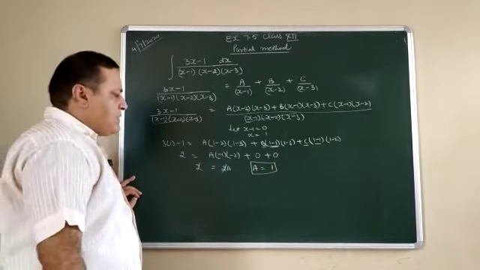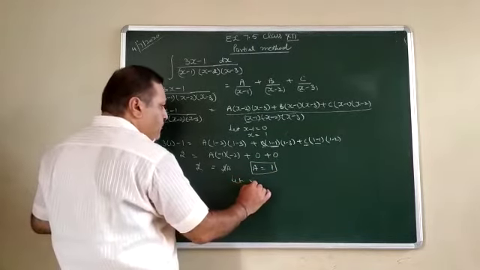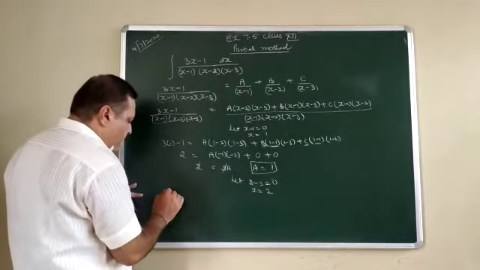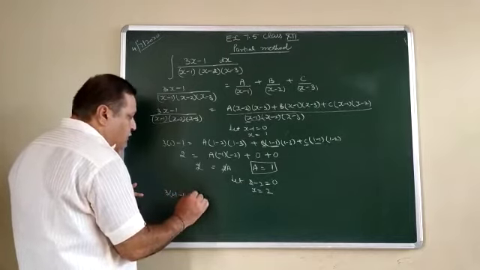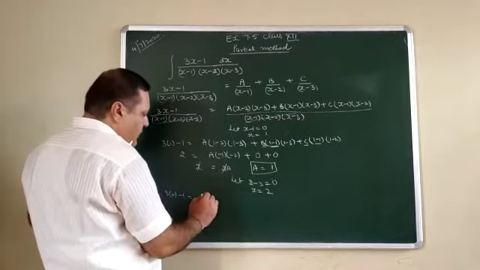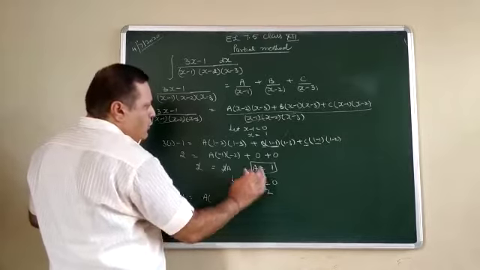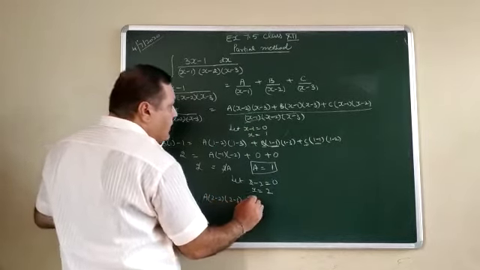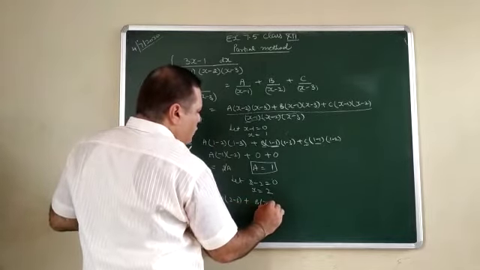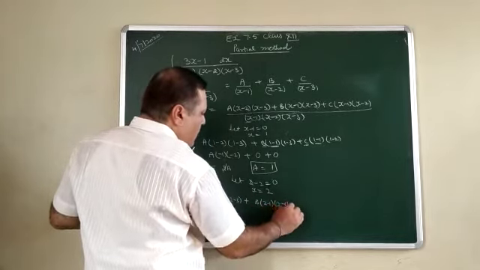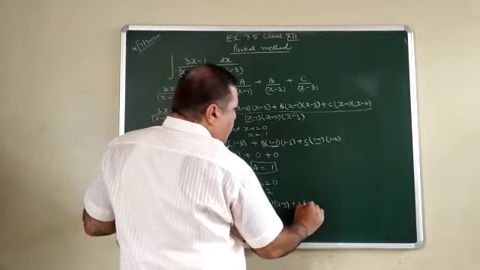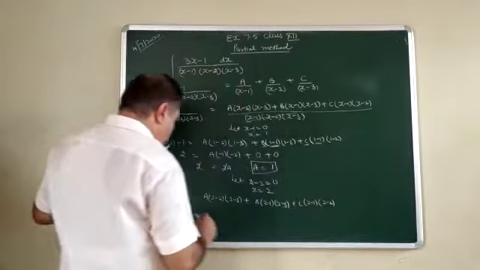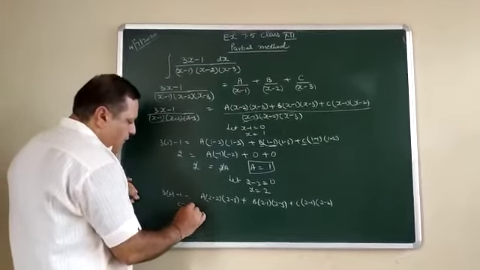Now second step: let x minus 2 equal 0, so x is equal to 2. 3 into (2 minus 1) is equal to A into (2 minus 2)(2 minus 3) plus B into (2 minus 1)(2 minus 3) plus C into (2 minus 1)(2 minus 2). 3 twos are 6, 6 minus 1 is 5.